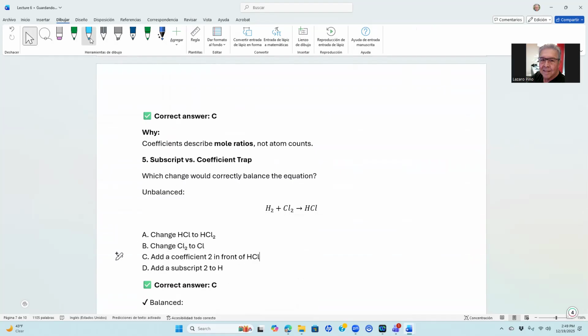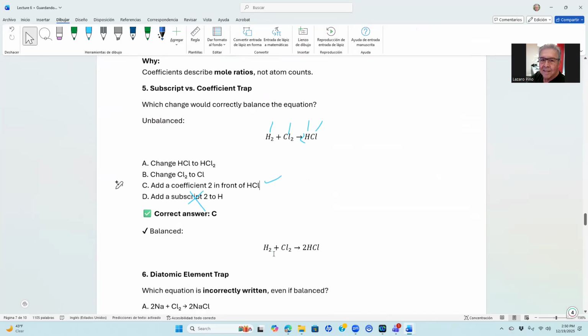Let's see, add a coefficient 2 in front of HCl: 2 hydrogen, 2 hydrogen, 2 chlorine, 2 chlorine. Yes, this is the answer. Adding a subscript, never, you cannot do that. Let's continue.